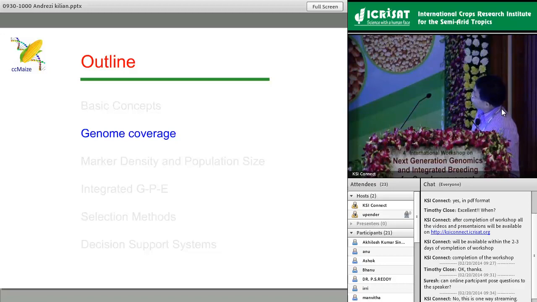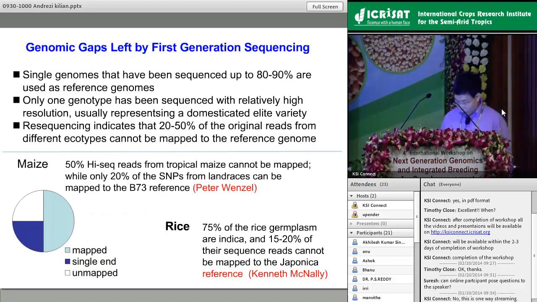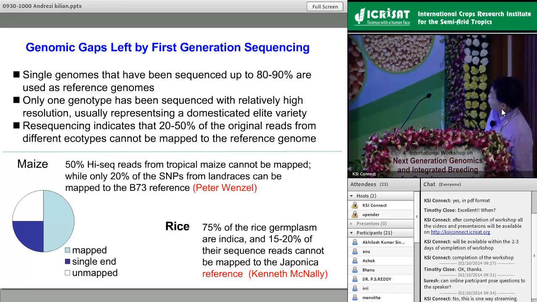First, I'm going to talk about genome coverage. We have heard a lot of stories about the sequence and the resequence. If you look at all the first generation sequence projects, there is a lot of genetic gap left, okay? It's because of three reasons. One, a single genome has been sequenced up to 80 to 90%, okay?